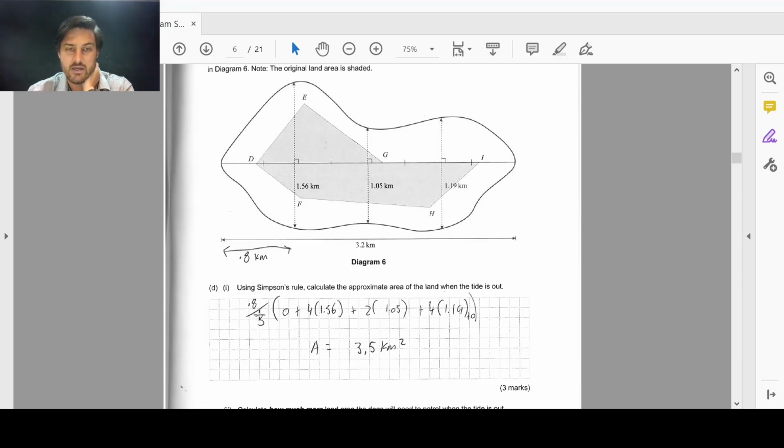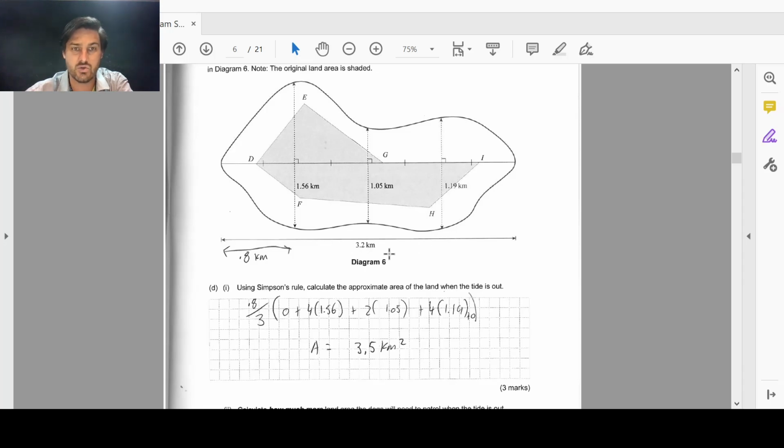And then remember, it's W, so the width here, and this is the one I've been talking about a bit in class when we did this. Sometimes they'll give you this width, other times they'll give you the whole distance across, and you've got to divide by how many sections there actually are, which in this case is 4.